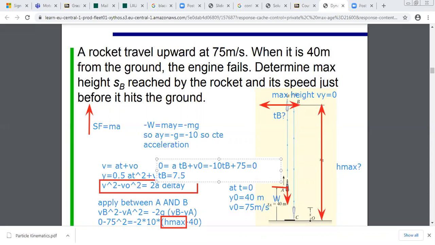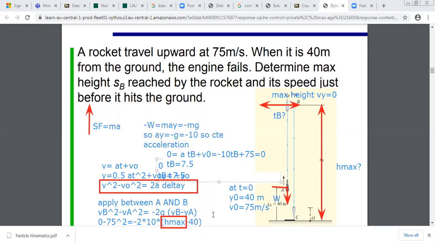Then to find the height at this time, once you have the time, you replace in the equation of y as a function of t. So the second step, once you find TB, you replace in y equals half at squared plus v0t plus y0, and I can get the y.